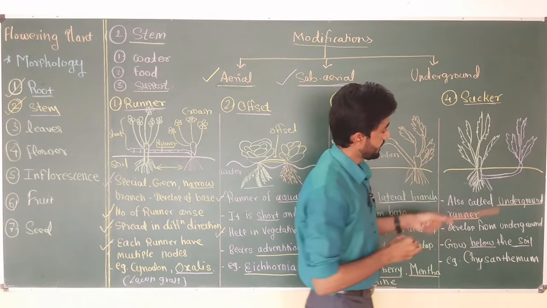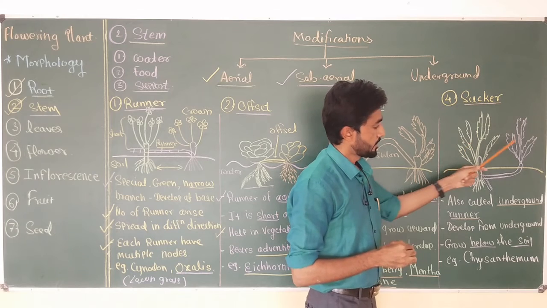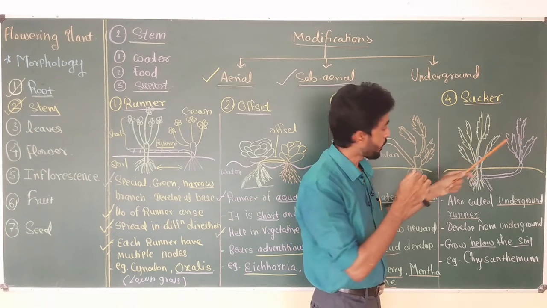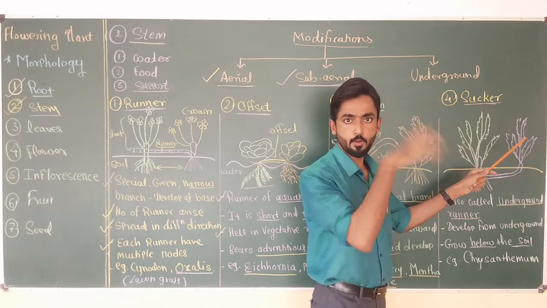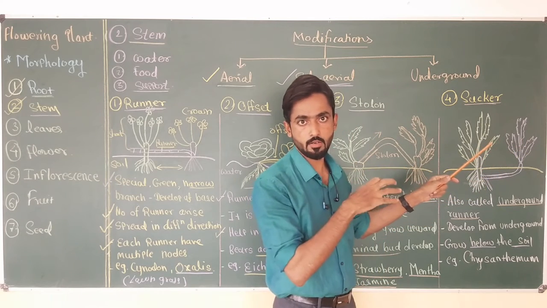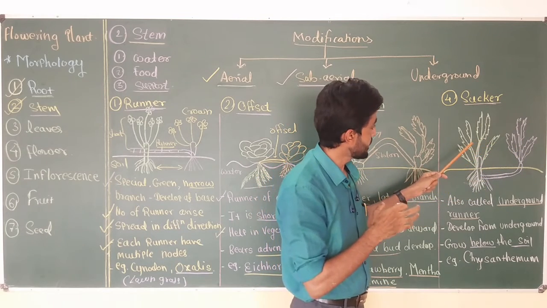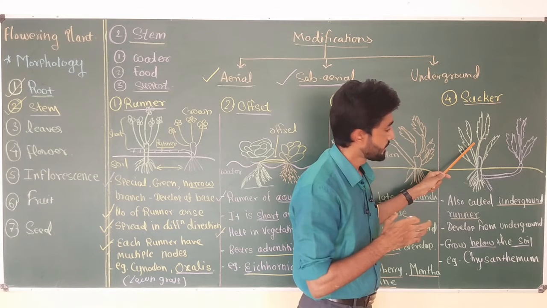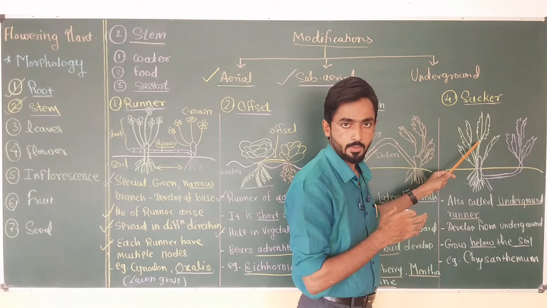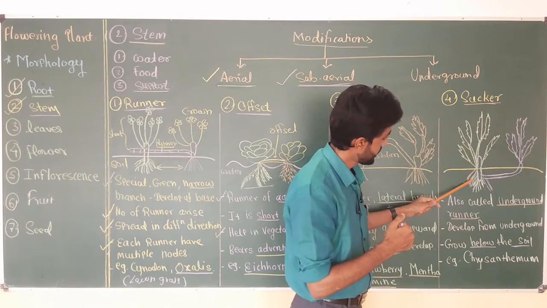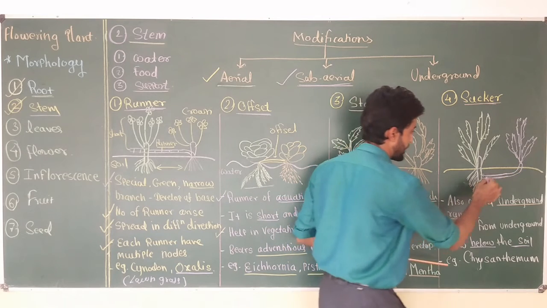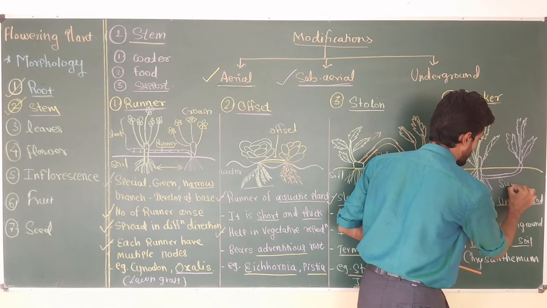In this way, from a single plant a new plant is produced. If we observe these two plants from an aerial view, we cannot see any type of contact above the ground, but actually the connection is present below the ground surface, and this connection is called a sucker.